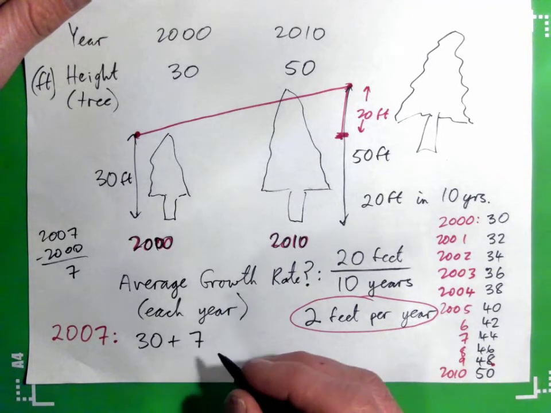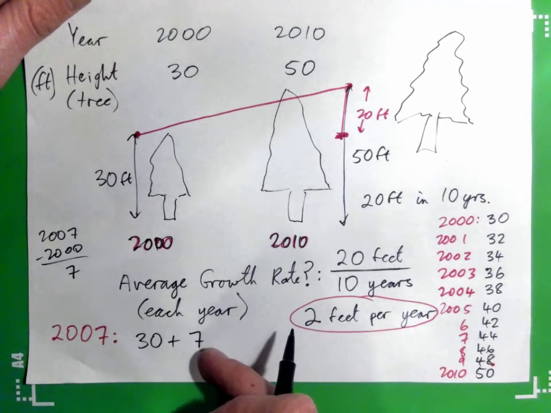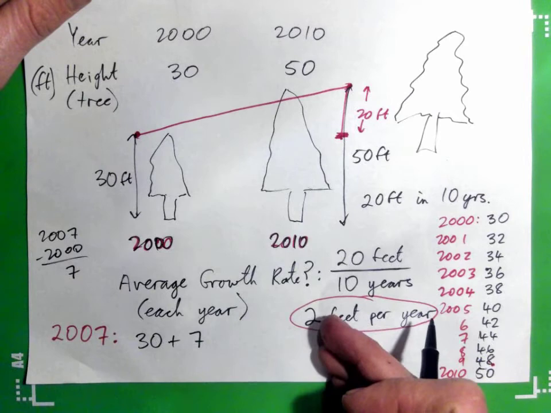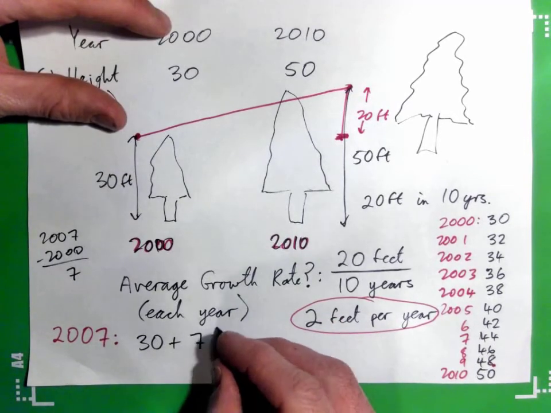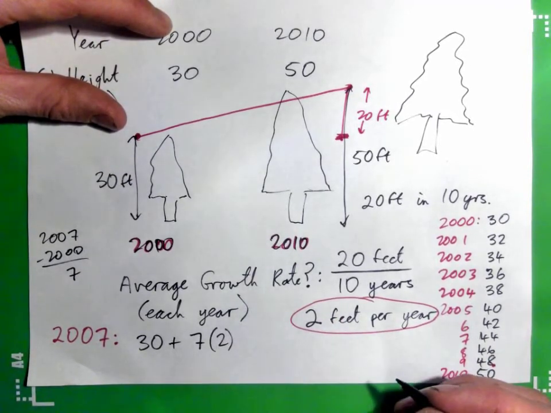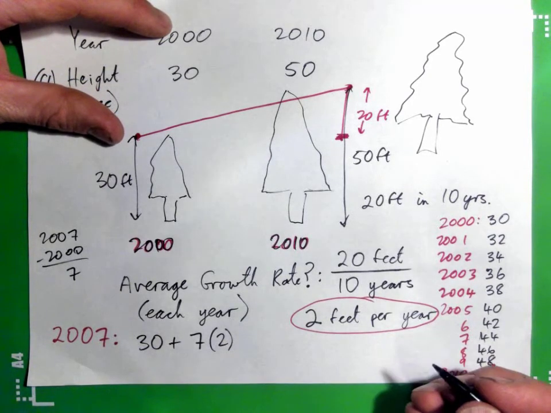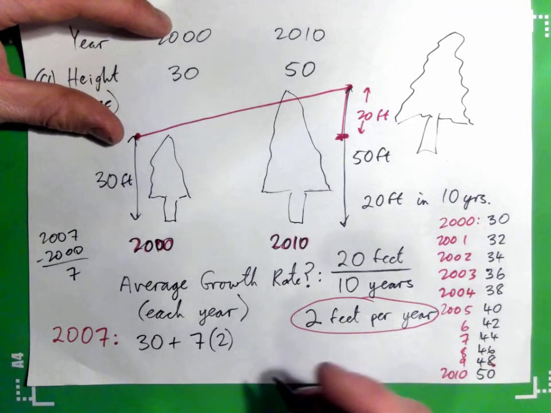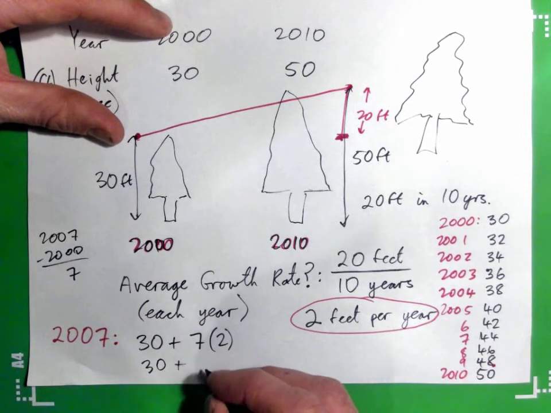So, well, every year for 7 years it's growing by 2 feet, isn't it? So what about 7 times 2? Would that work? Right? But you're not sure. 30 plus, what's 7 times 2?